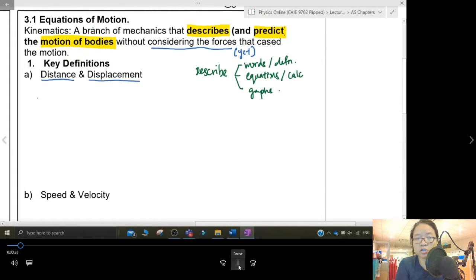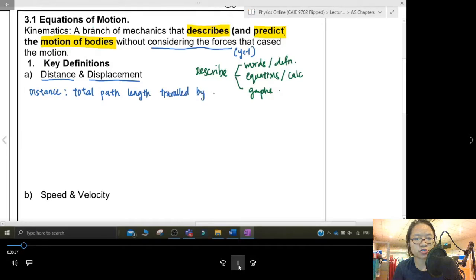So the first definition we need to look at is distance and displacement. Distance here is defined as the total path length traveled by an object. Okay, the keyword here is total path length. So that would be a scalar quantity. The unit here is meter.